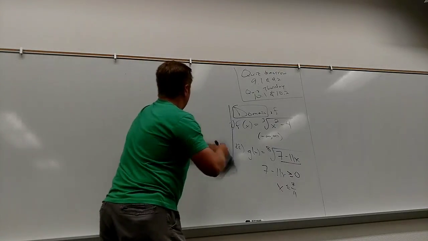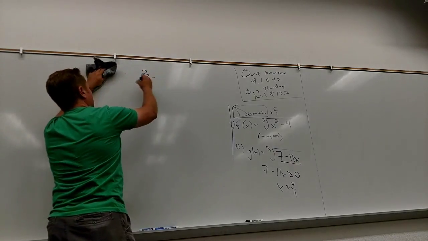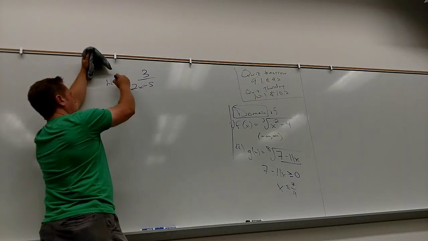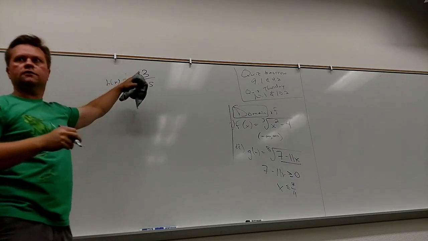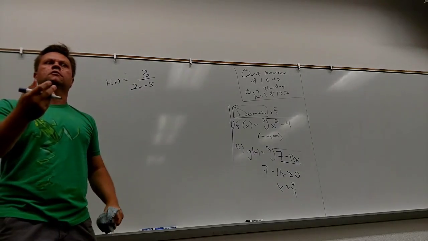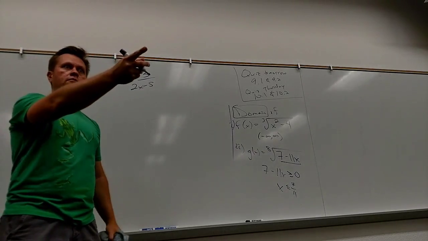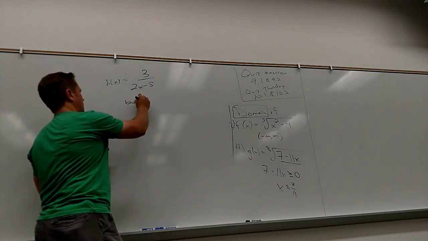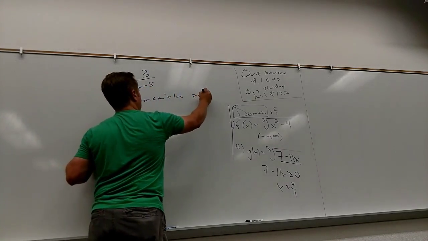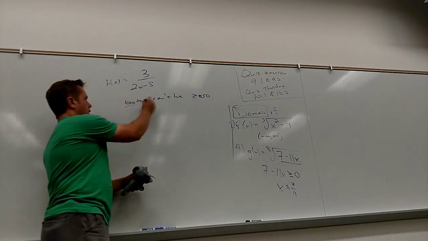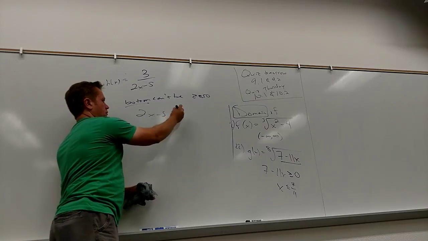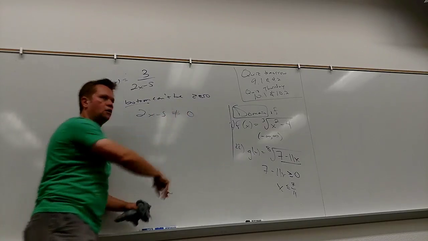Remember this kind of thing? How do you find the domain of this? Well, what in English cannot happen? The bottom can't be 0. So the bottom, 2x minus 5, cannot be equal to 0, and then solve.